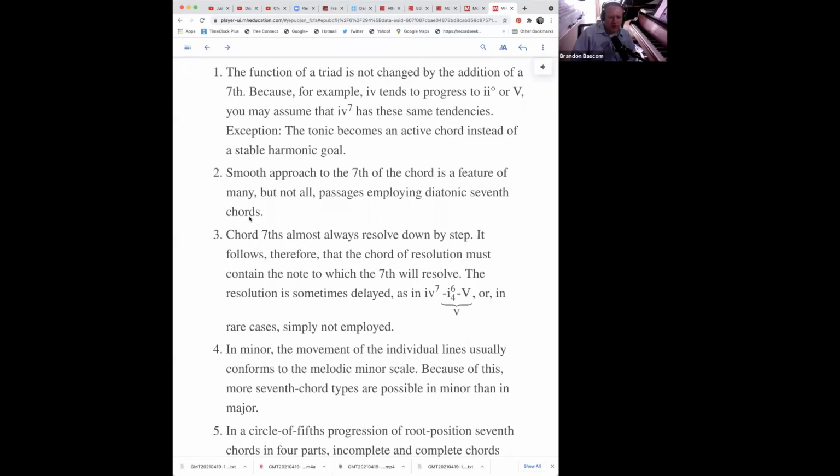What are the tones of a 6 chord in F major? According to my chart, D, F, and A. Well, I've already got an A. Let's stay on it.